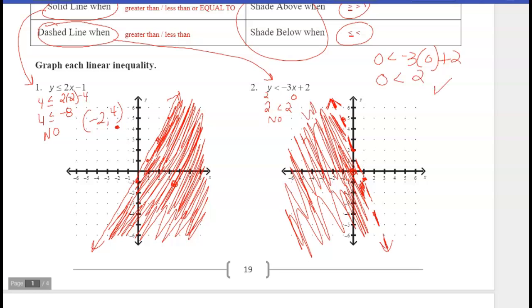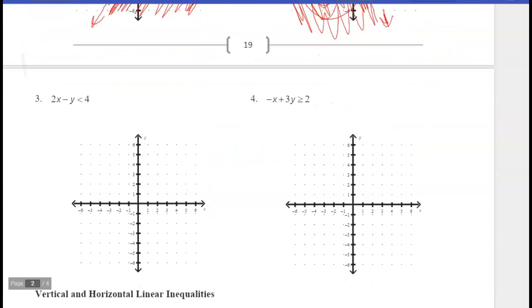So since that's true, that tells me that anything over here I can graph and shade. So any time I'm over here, that's always going to be true for this inequality. Anytime I'm up here, it's false. It doesn't work. And I know you guys have dealt with inequalities plenty of times over the years.